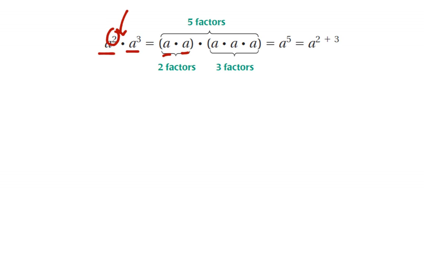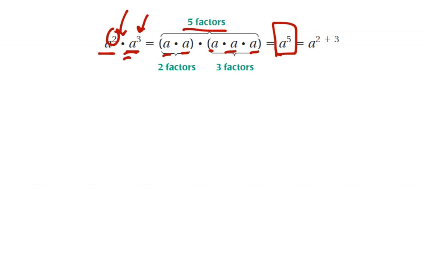So a appears as a factor twice in a multiplication problem. Then for the a cubed part, it appears 3 more times because of the exponent of 3. That means in this multiplication problem, the same exact base appears as a factor 5 times, twice from the a squared part, three times from the a cubed part, simplifying it to a to the 5th power.